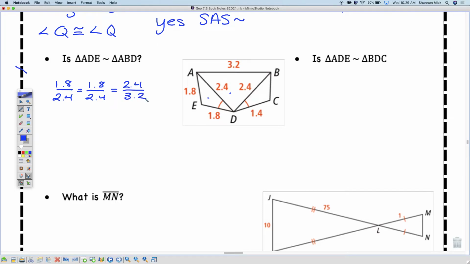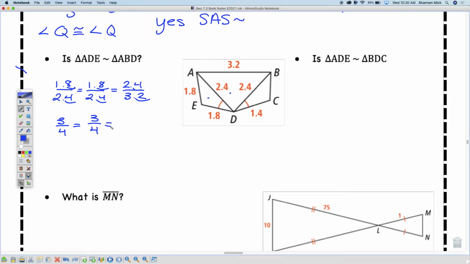Okay, since they all have one decimal place, I can multiply them all by 10, and that's 18 over 24, 18 over 24, and 24 over 32, correct? So 18 and 24, biggest thing that goes into that is 6, so 3 and 4. 3/4.